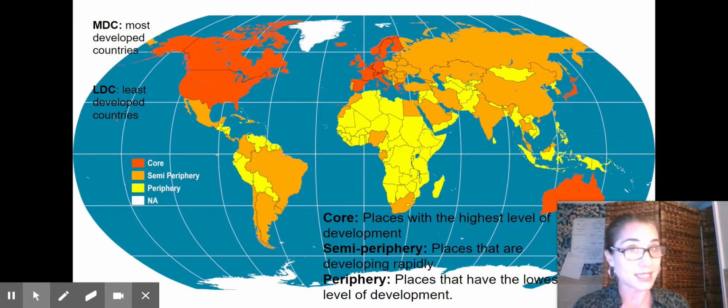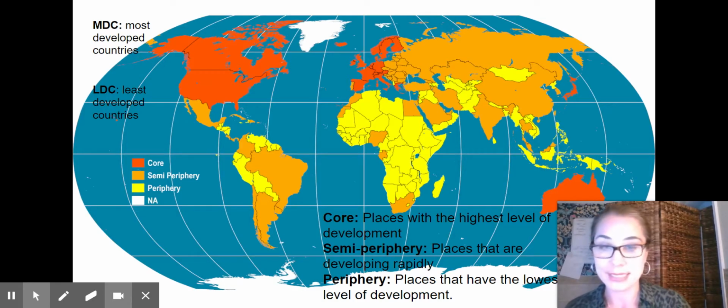Some of this is going to be due to government changes and policies, environmental changes, as well as economic changes and social changes. The ESPN lens that we're going to look through will help us to explain why some places are developing rapidly, and those are the semi periphery places.